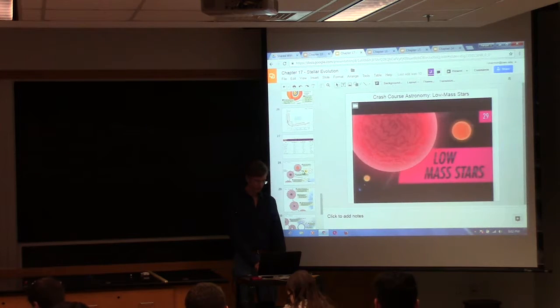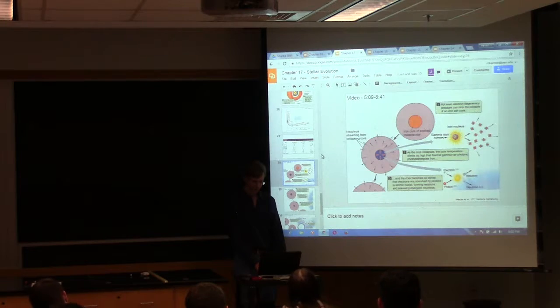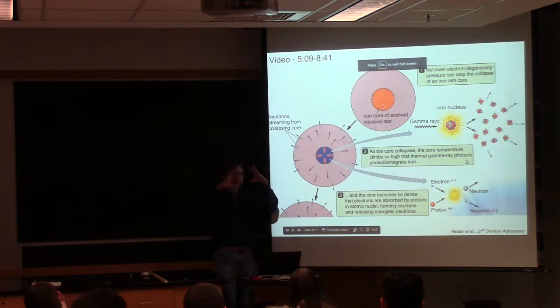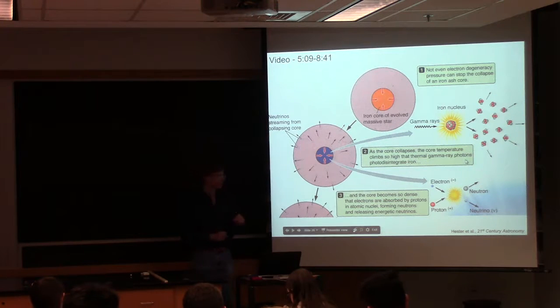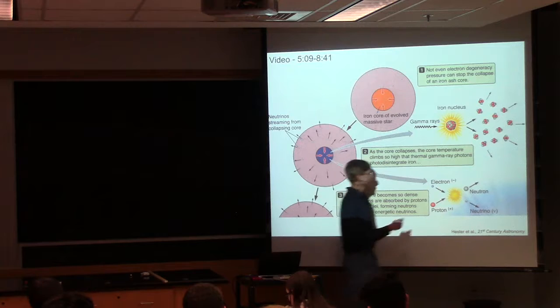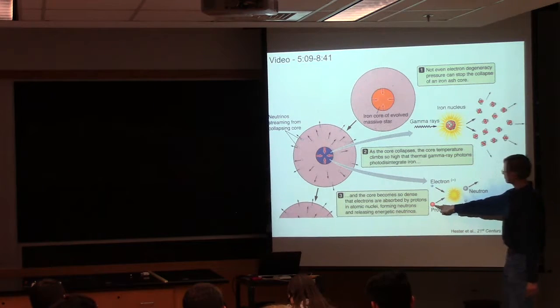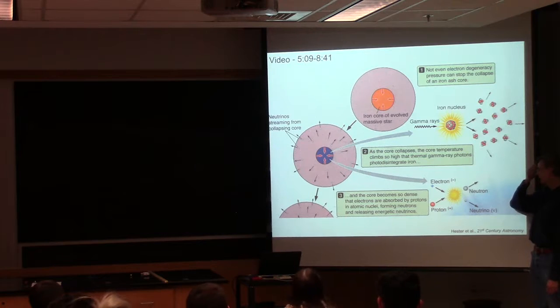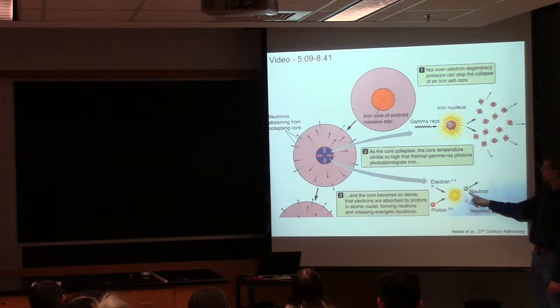The idea is that during the collapse of the core, electrons can combine with protons. And when you combine an electron with a proton, the result is a neutron and a neutrino.